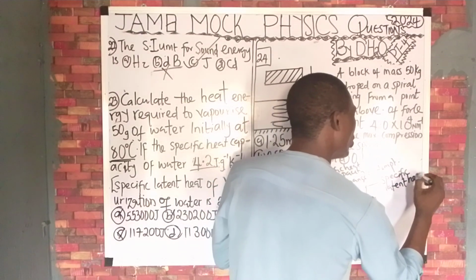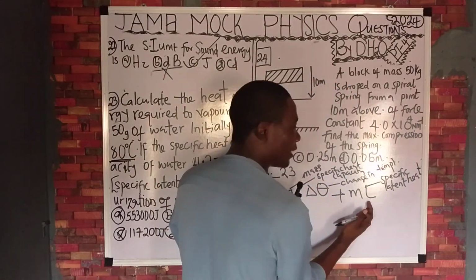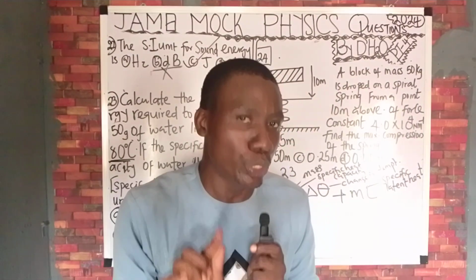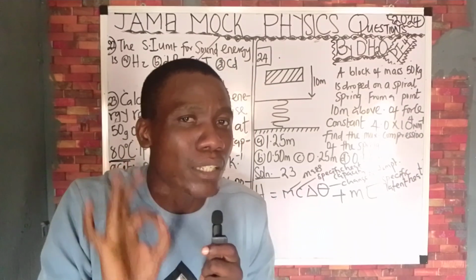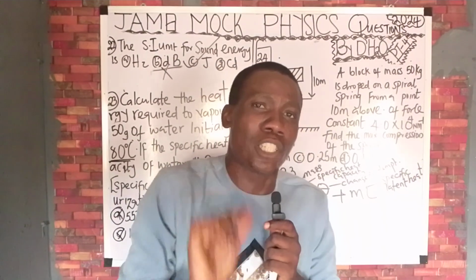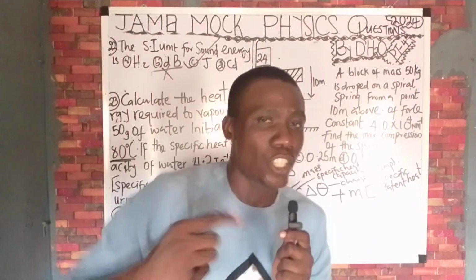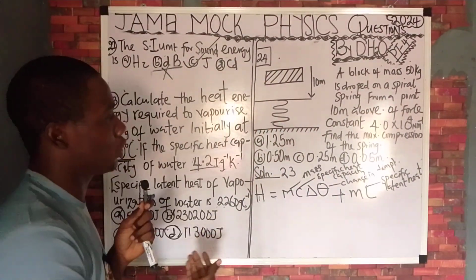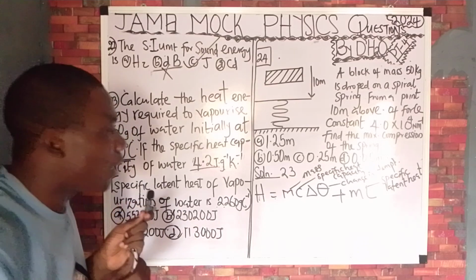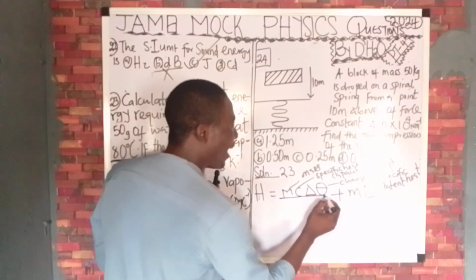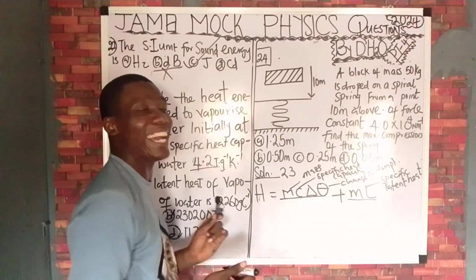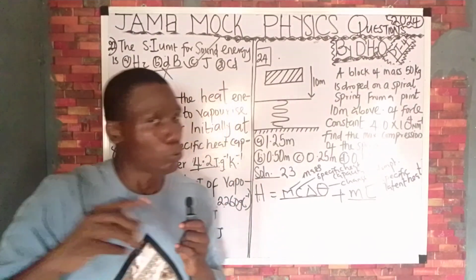There are two types: specific latent heat of fusion, when the substance changes state from solid to liquid, or specific latent heat of vaporization, when it changes from liquid to gas. In this particular question, we observe that there was a rise in temperature and a change of state. That's why we combine these two formulas together to get the total amount of heat needed.